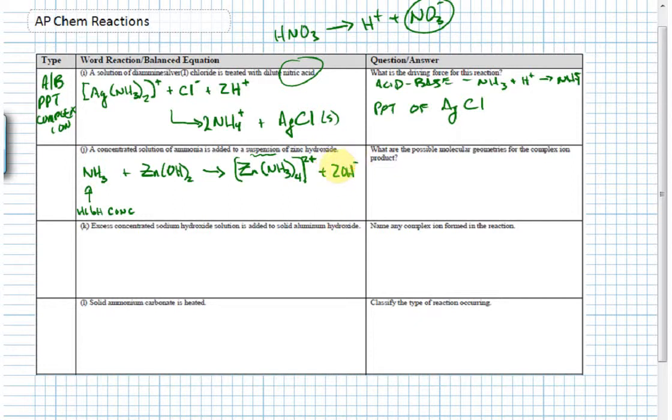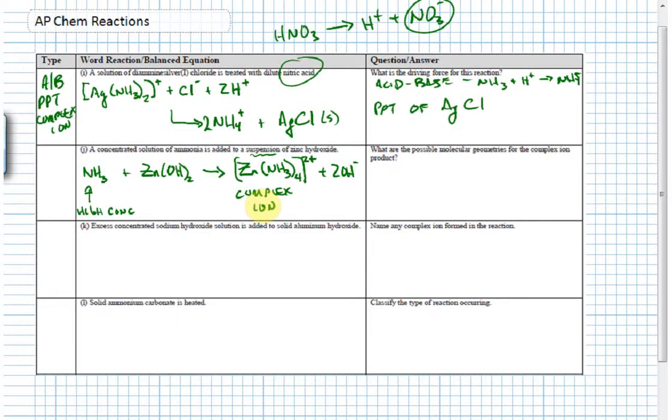So essentially what the complex does, if we were to observe this, we would see the suspension, okay, the whitish zinc hydroxide suspended in that environment. As we added the ammonia, as the ammonia concentration got higher, we would see the zinc hydroxide go into solution as the complex ion, zinc tetraamine, and hydroxide.